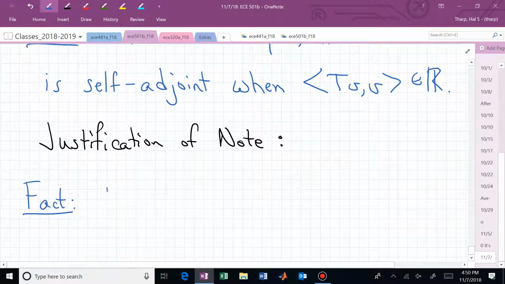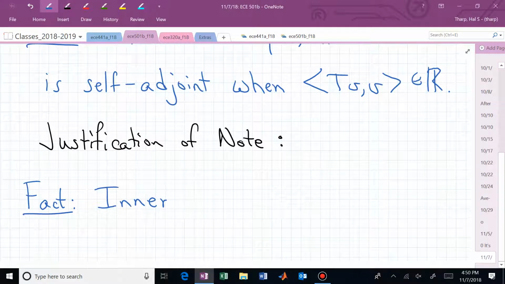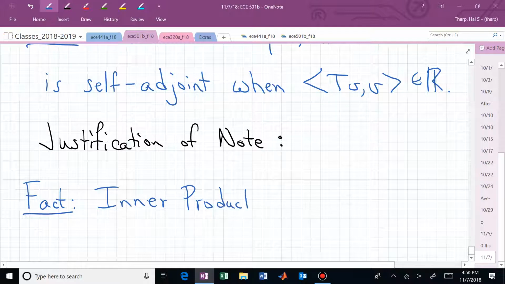Here's a fact that we will remember until 5 weeks. Isn't that when we're done? Didn't we say that we're 5 weeks minus a day from the final exam? So now the inner product, one property of that is what?